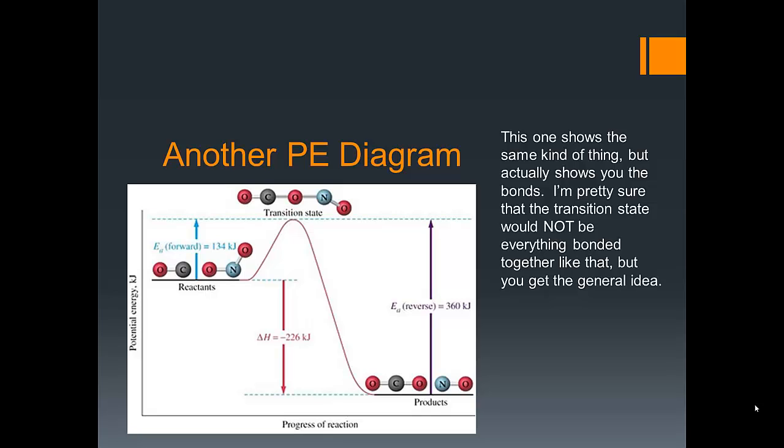I don't think that they're all bonded together like that. Could be wrong. But that's going to be your most unstable thing. And then to change your bonds to make your products of carbon dioxide and nitrogen monoxide, you're going to release 360 kilojoules. So the net loss of heat is 226. So you'll see the delta H here is negative, which again indicates that it's an exothermic reaction.